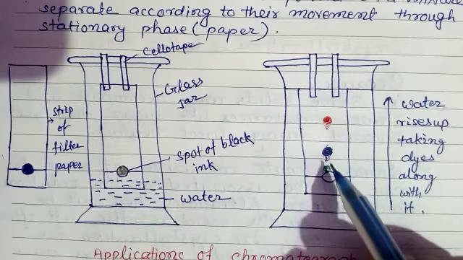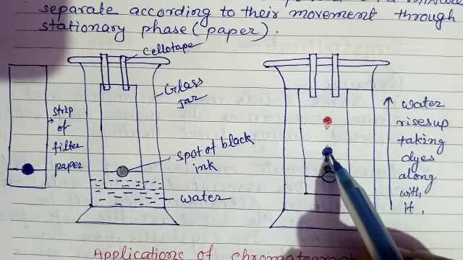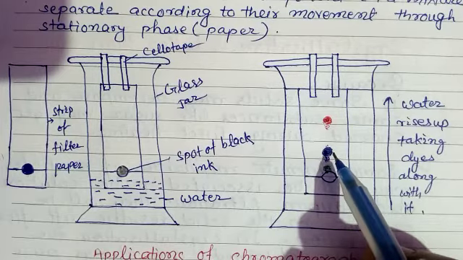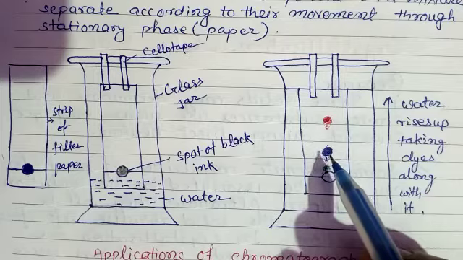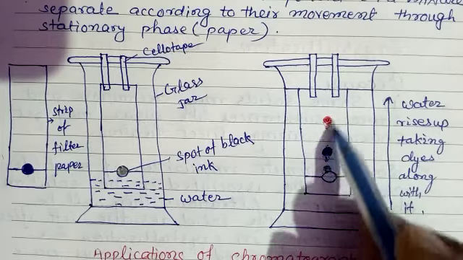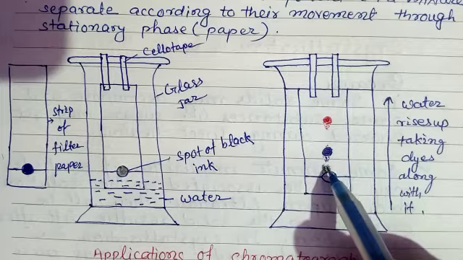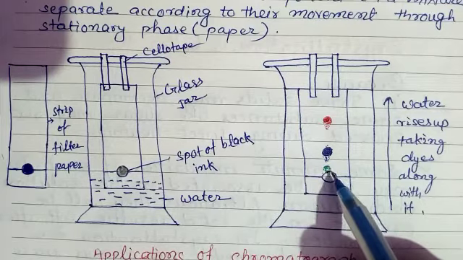Less soluble dyes dissolve a little later, rise slower, and form a color spot at a lower height. In this way, all the dyes present in black ink get separated from the original position.